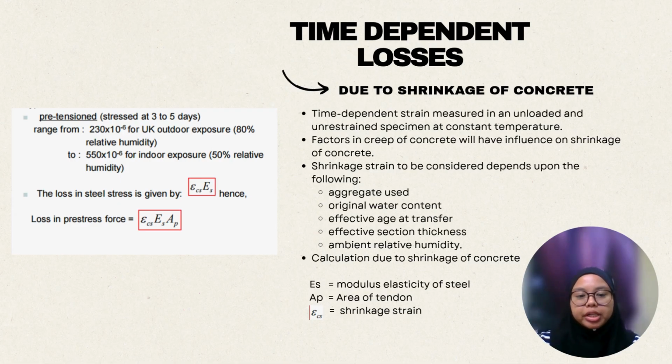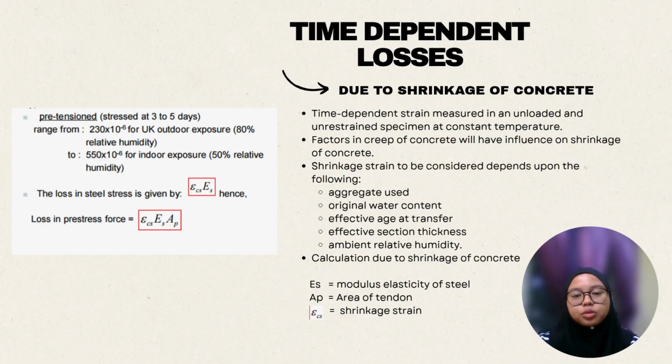Due to shrinkage of concrete, based on empirical figures for shrinkage per unit length of concrete for a particular curing condition at transfer maturity. Shrinkage strain to be considered depends upon the following factors: aggregate used, original water content, effective edge at transfer, effective section thickness, and ambient relative humidity.